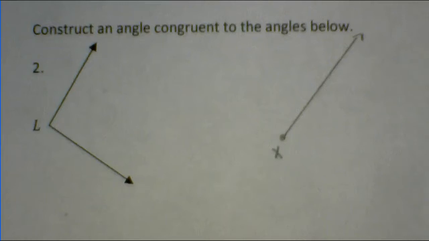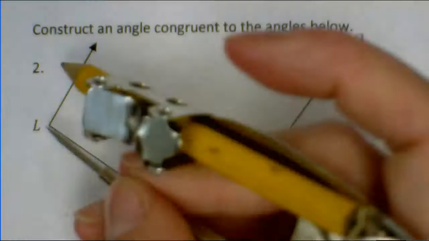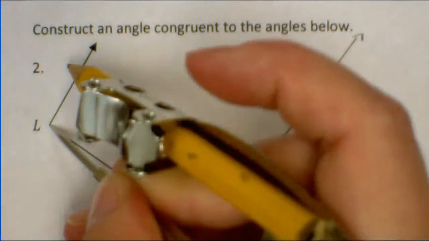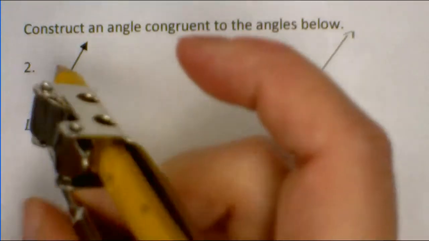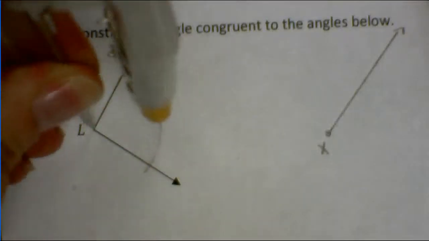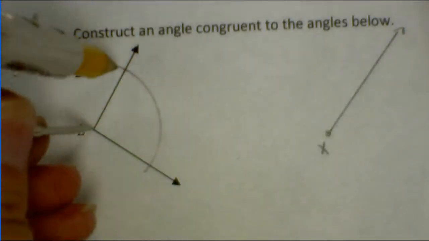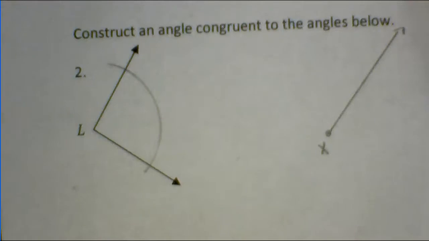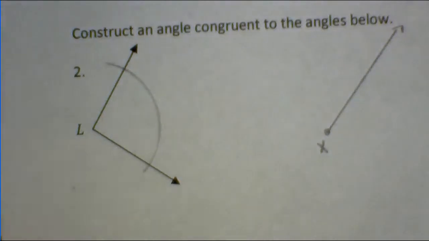Now, place the point of your compass on the L, and we're going to draw an arc that intersects both sides of the angle. So you might have to move it out a little bit. You want an arc that intersects both sides of that angle. Perfect. Label the points of intersection T and U.